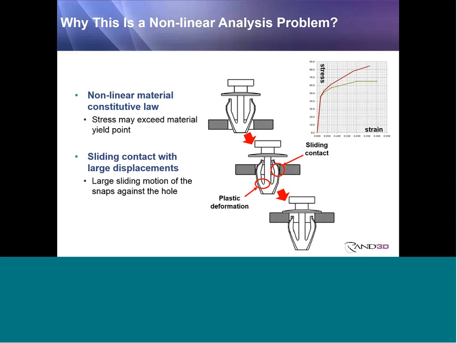Secondly, it's a sliding contact with large displacement. As you see, through the steps of the insertion process, initially the clip starts touching the upper edges of the hole, and once it goes through, it's a large deformation sliding contact between the parts. So can we possibly use GPS to simulate this kind of problem? Certainly not. We have to use ANL.